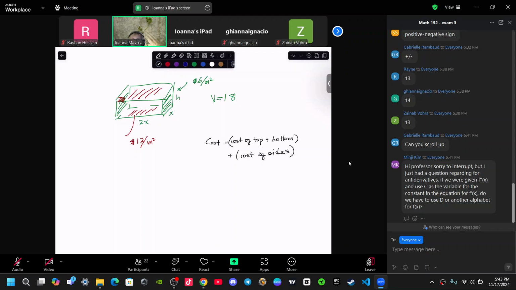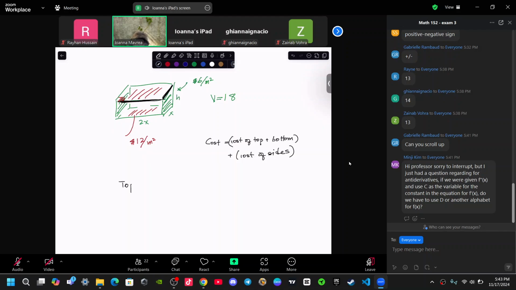So if the top was 2 square meters only, each one of those 2 square meters will cost you $12. So 2 times 12. If it was 24 square meters, it would be 24 times 12. If it was 3.5 square meters, it would be 3.5 times 12. So you have no idea what it is. You know it's exactly 2x times x square meters.